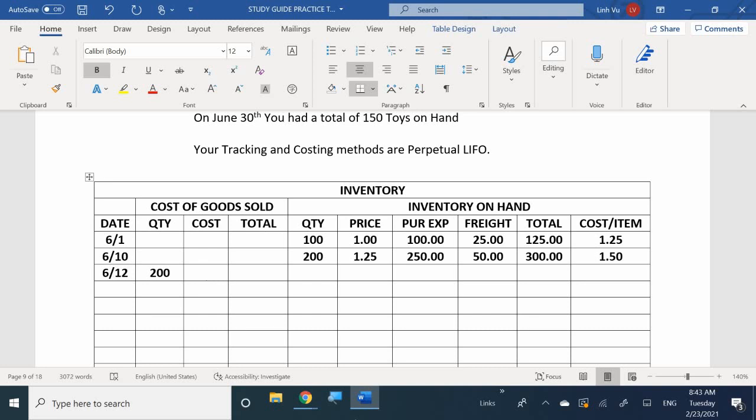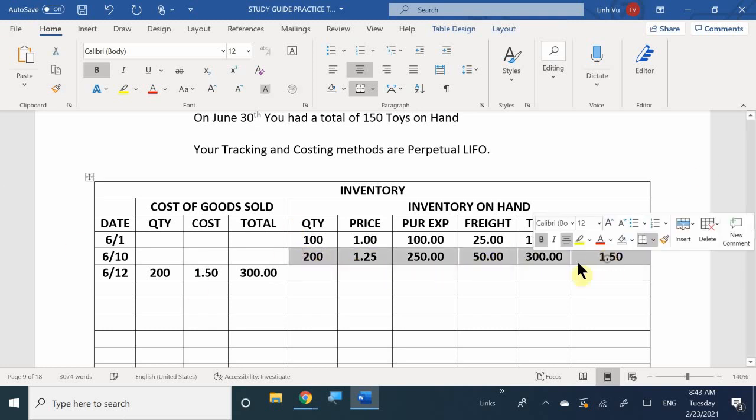June 10. Am I taking the whole batch or just a part of the batch? The whole thing. So we know it's $1.50 and it's going to cost me $300. So we can eliminate this batch right here, however you want to do it.